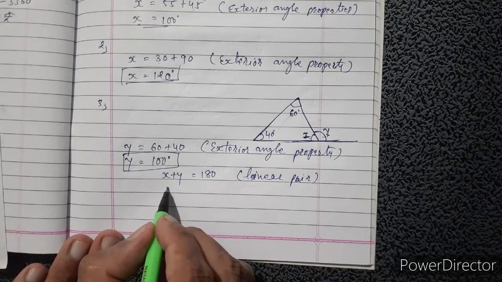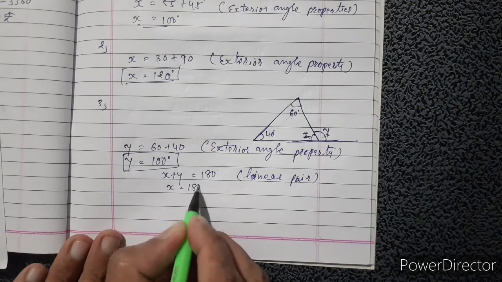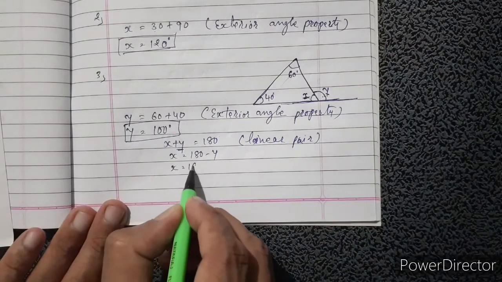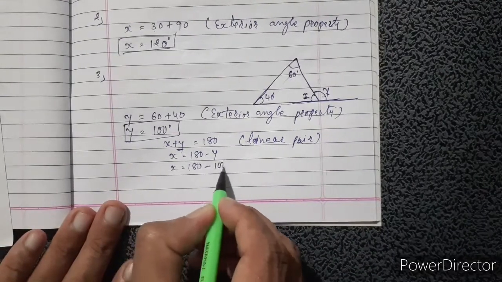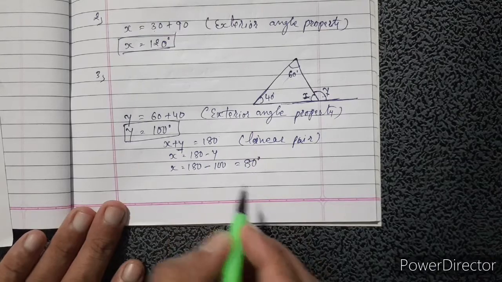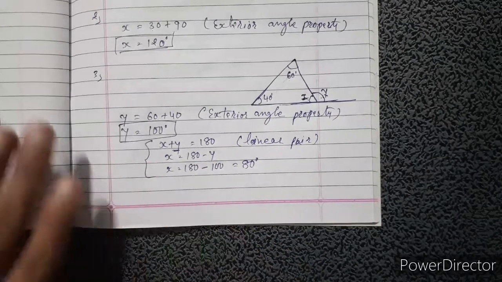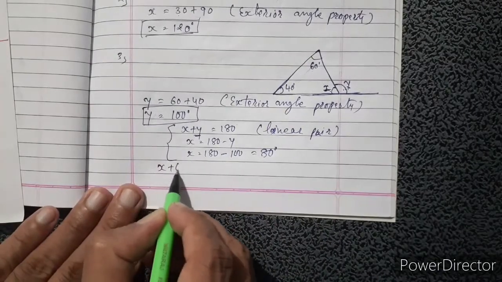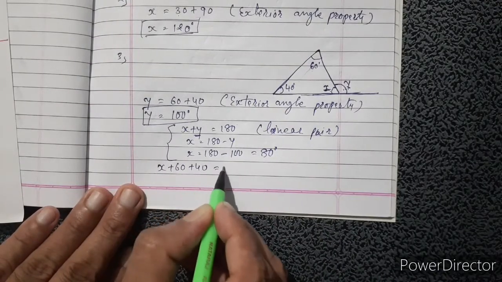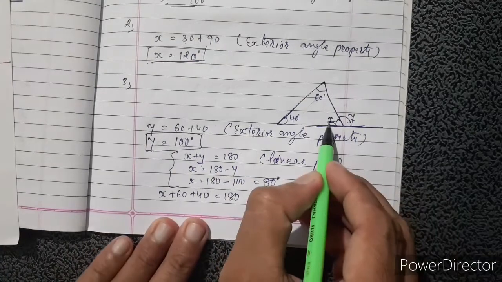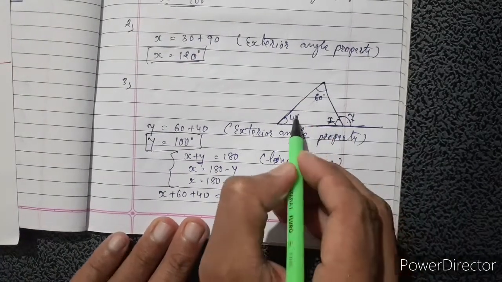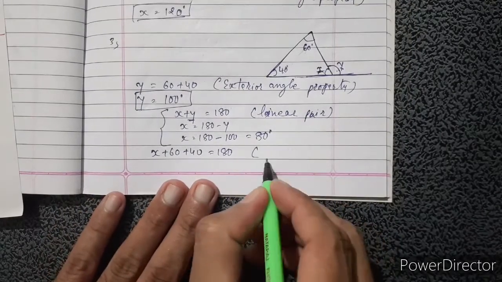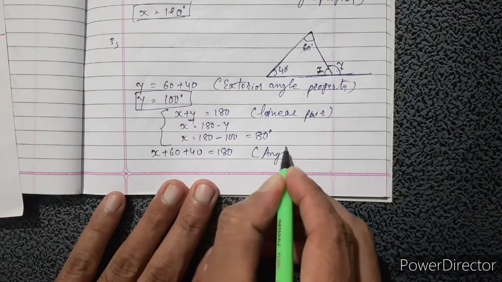So x equal to 180 minus y, we change the side of y, so x equal to 180 minus 100 equal to 80 degrees. That is the first method. Otherwise, the second method: x plus 60 plus 40 equal to 180. Look, x, 60 and 40 are the angles of the triangle.